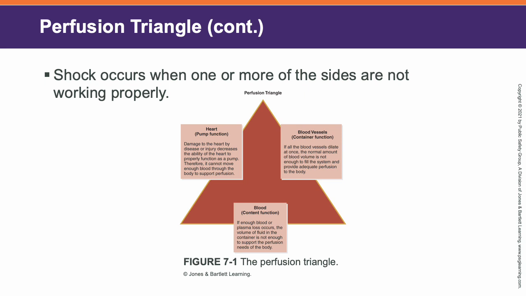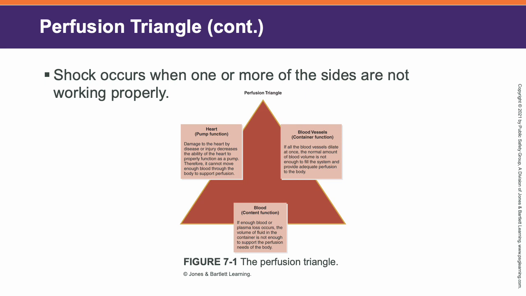But also, blood vessels. Blood vessels can undergo damage, right, you can cut them. You can have internal bleeding, but you can also have a body-wide dilation of the blood vessels, meaning they get really large, and so there's not enough pressure to fill the system and push it out to the whole body, or there's not enough blood volume to fill those vessels.